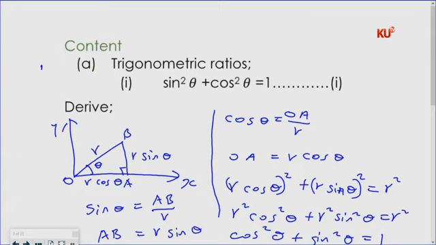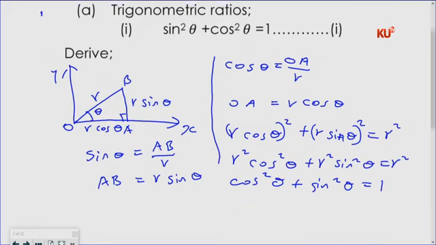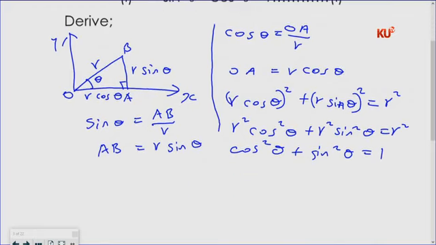Because we have divided each term by R squared. Of course, if I divide here by R squared, this R squared will cancel out. Same to this one, this will cancel out. If I divide R squared by R squared, of course I'll get 1. So this is our first identity in Form 4 that we shall be looking at.